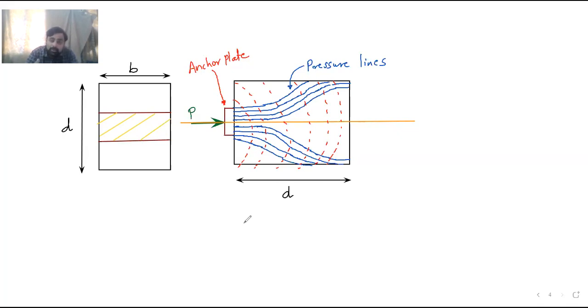If we don't take care of them while analyzing and designing, they will try to dislocate the reinforcement provided in the beam. Once the tendons are dislocated, there are huge chances of failure of the beam.